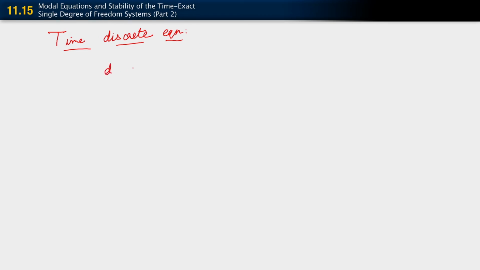It is d^(n+1) times (1 plus alpha delta t lambda^h) equals, I'm just moving it to the right hand side, d^n times (1 minus alpha delta t lambda^h).